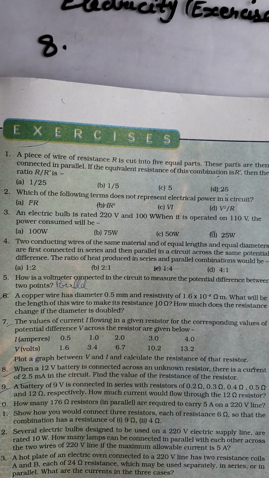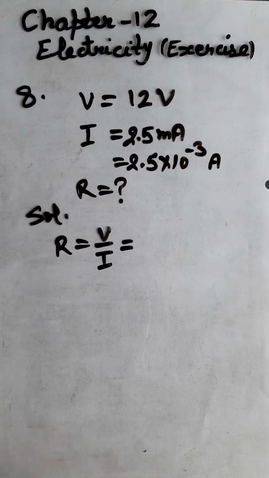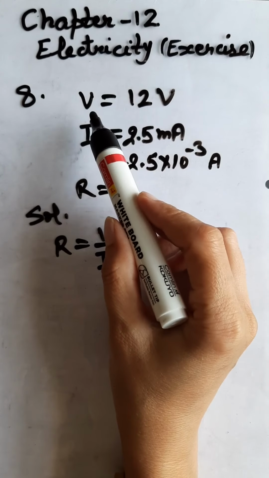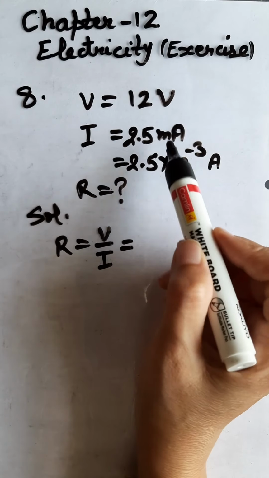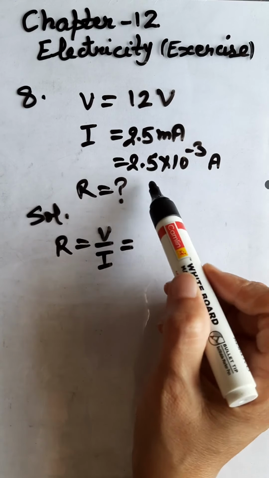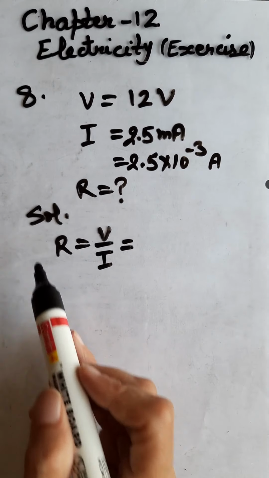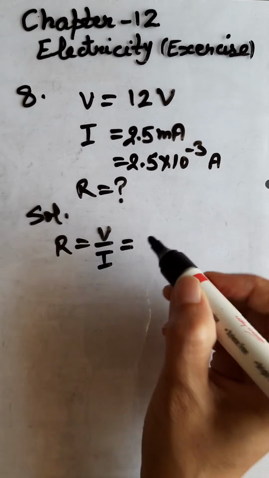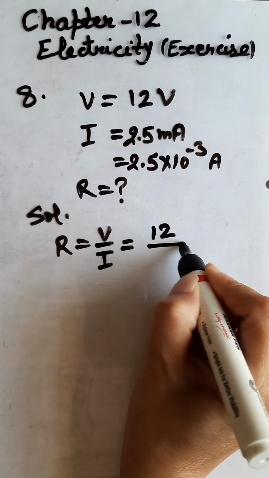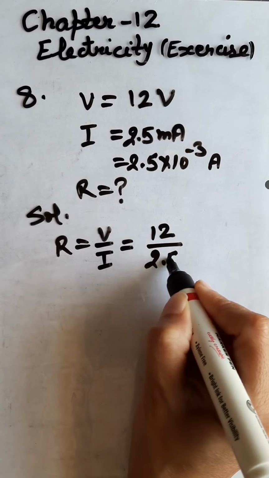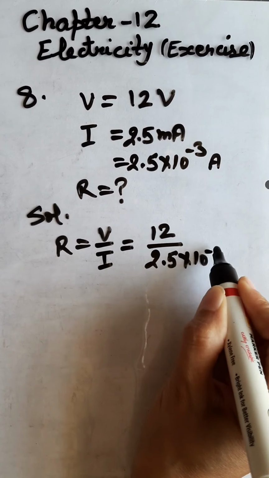Simply a formula based question. So we have written the given values. V equals 12 volt, I is 2.5 milliampere, so 2.5 × 10^-3 ampere. Resistance we have to find. Solution: write the formula. Then it will be 12 divided by 2.5 × 10^-3.